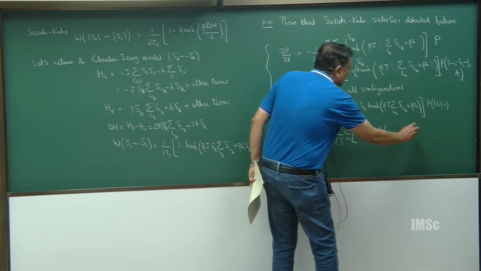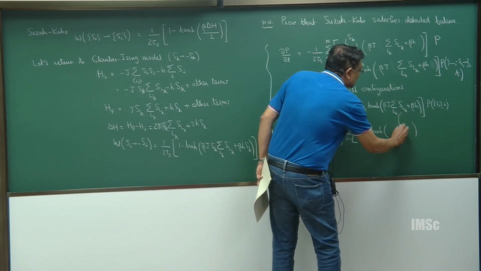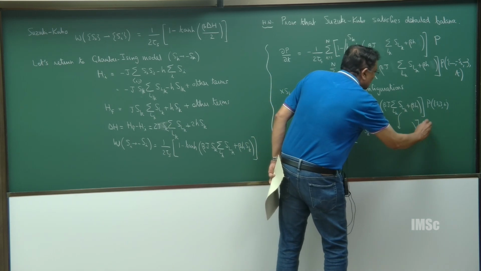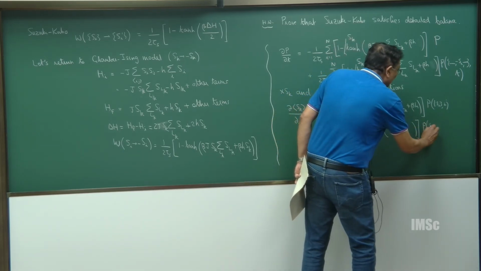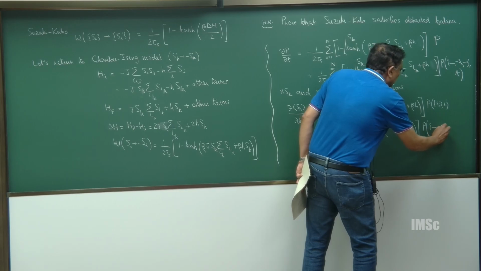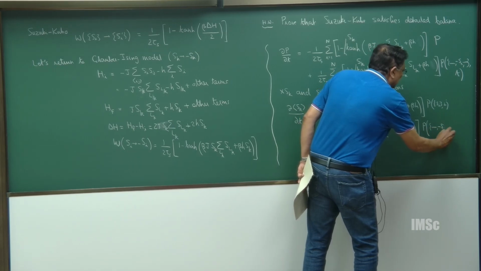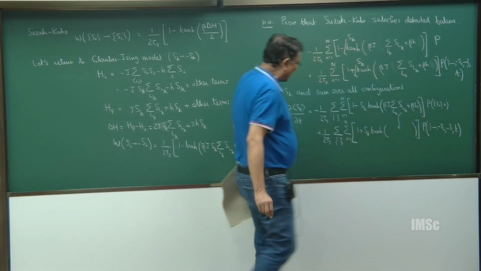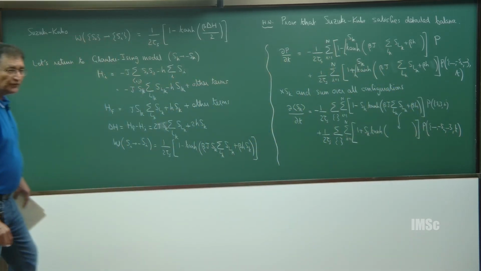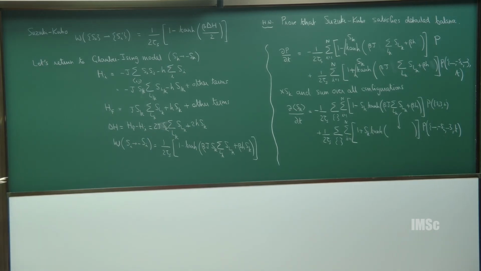I am not going to write the argument down again, that is just the same argument, close square brackets, and the probability of the configuration which differs in that one spin, times t, and of course I sum over all configurations. So far so good?